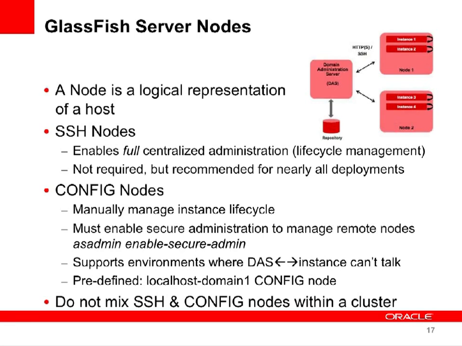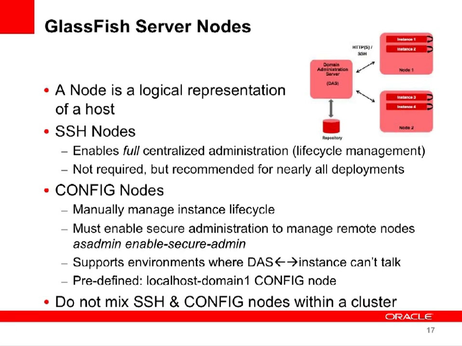Another recommendation, this isn't a requirement in any way, but I recommend to not mix SSH and config nodes within the same cluster. The reason is, for example, some commands like start cluster expect all the nodes to be SSH nodes, so that typically with clustering you have all your instances on remote hosts, and your DAS is perhaps on your local host that you're running the command from.